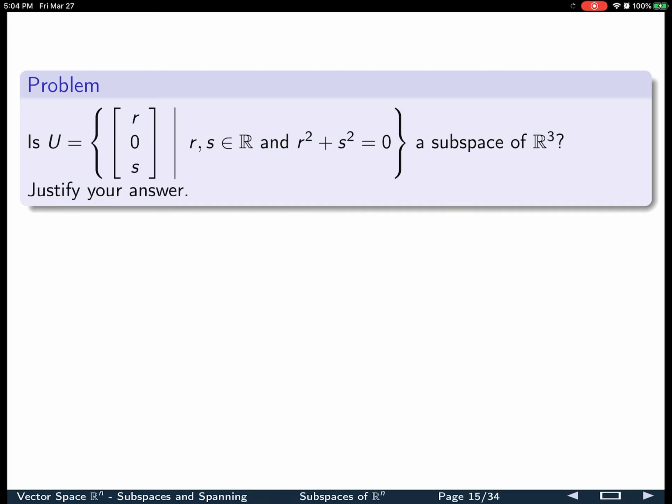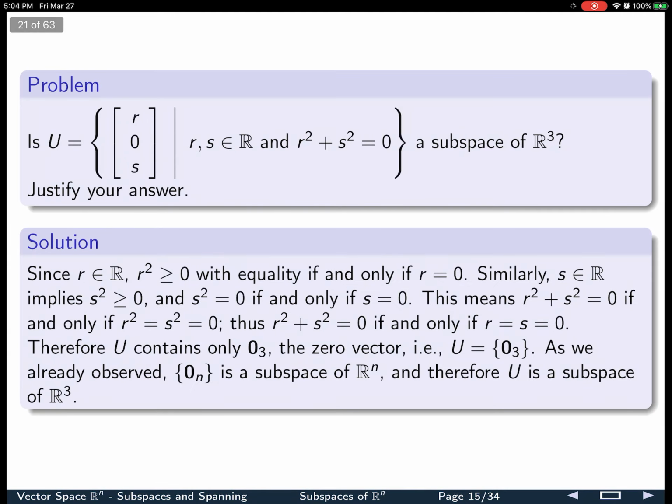Since we're working with real numbers here, we could get squirrely if we were working with complex numbers, but since we're restricted to real numbers, r and s have to be 0, and therefore what we're looking at is really just the zero vector. And again, the zero vector is its own zero-dimensional subspace of R3.